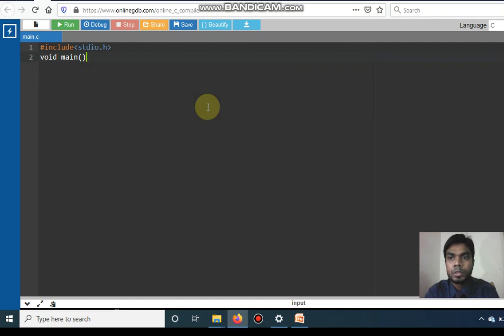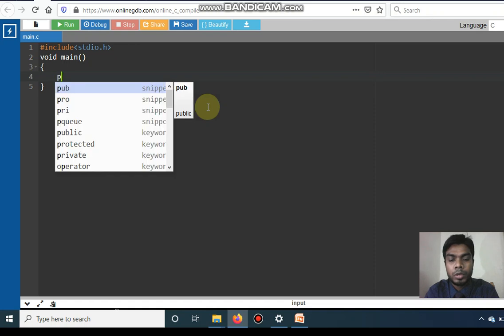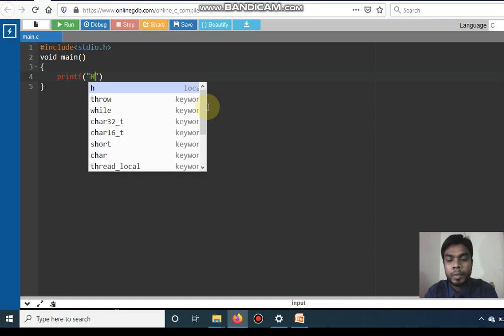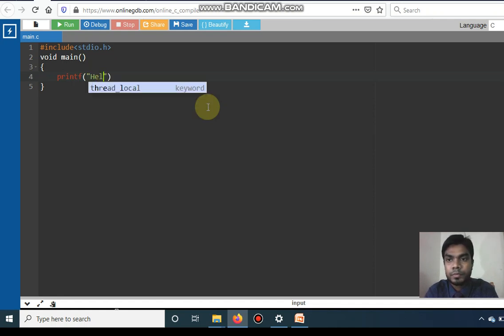Then we have to use an opening curly brace. Then in between the opening and closing curly braces, we write a function called the printf function, and inside the printf function we write our message. Inside the first bracket, inside the double quotation marks, we write the message: Hello world.